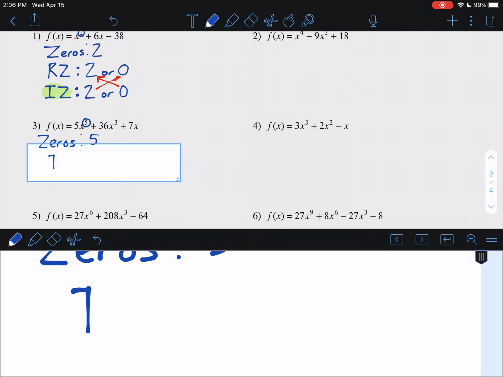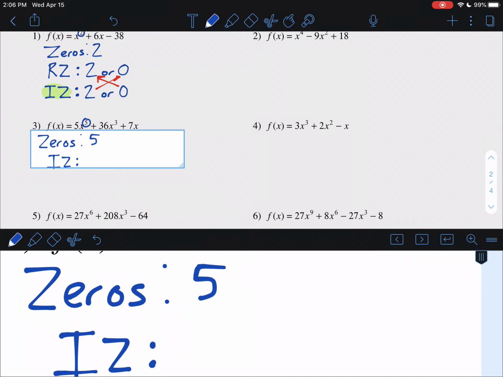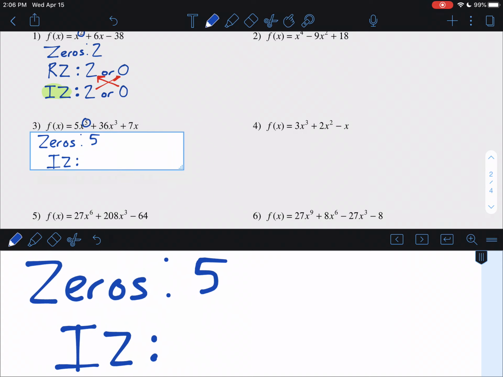There are 5 of them, and I know they come in pairs. What if all 5 of them are real? That means none of them are imaginary. But if there's one that's imaginary, there has to be another one that's imaginary, because they always come in pairs. So I could have 0 or 2.